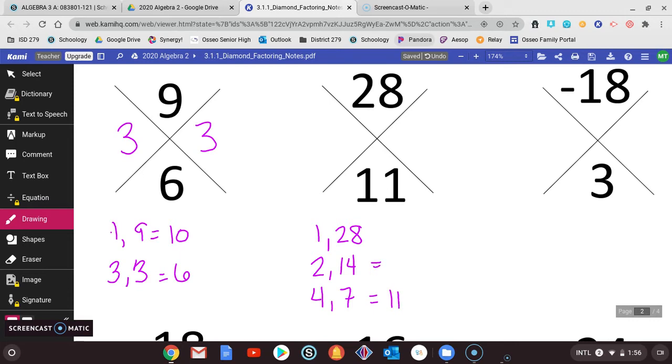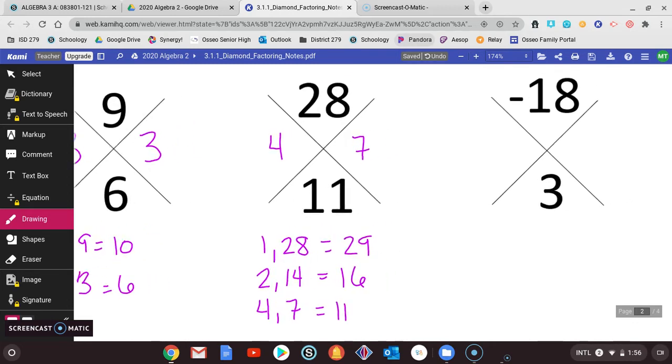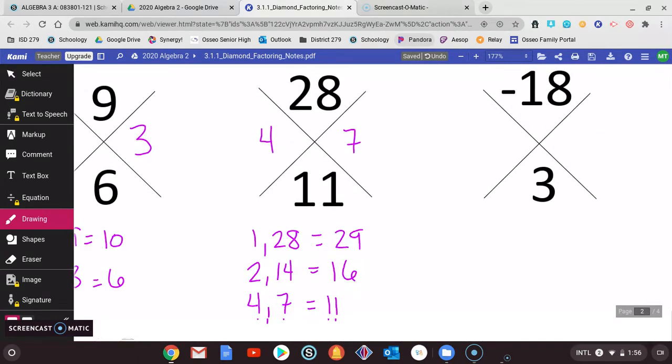Now, if you already knew it was 4 and 7, you don't need to write it all down. That's fine. Sometimes, though, you get ones where you're really stuck and you just need to write them all down. Like there's a negative, and you need to add them up to a positive. So when you multiply to a negative, that means one is negative. And then if it adds to a positive, that means the bigger number is going to be positive.